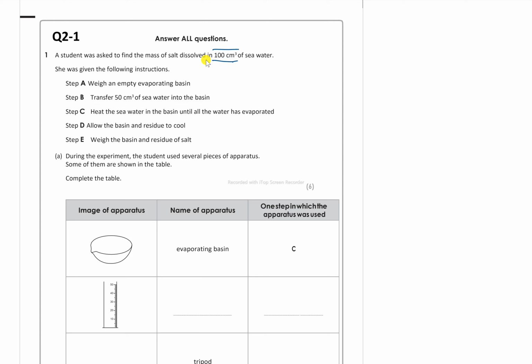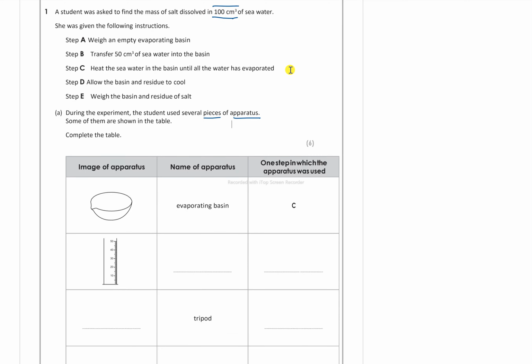During the experiment, the student used several pieces of apparatus. Some are shown in the table.